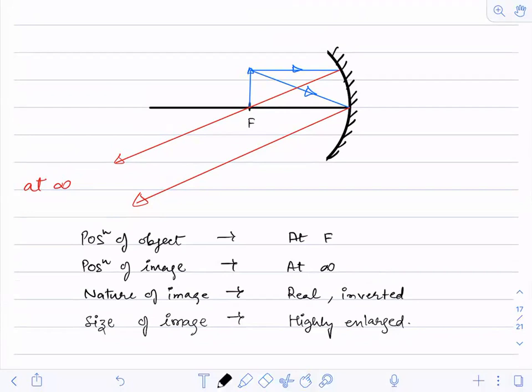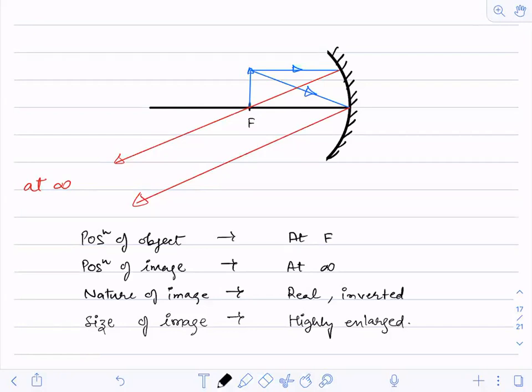But in physics, infinity is not an absolute term. Infinity is a relative term in physics. We will not take infinity as an absolute value in physics. Always we will compare relatively.